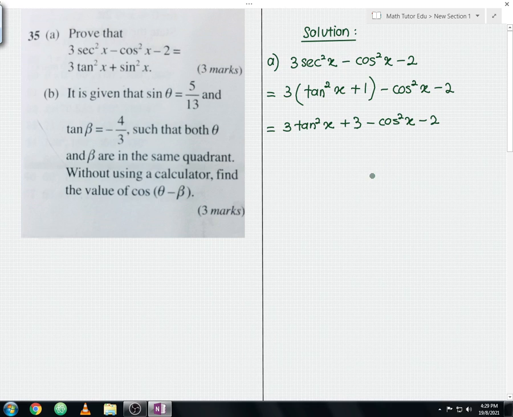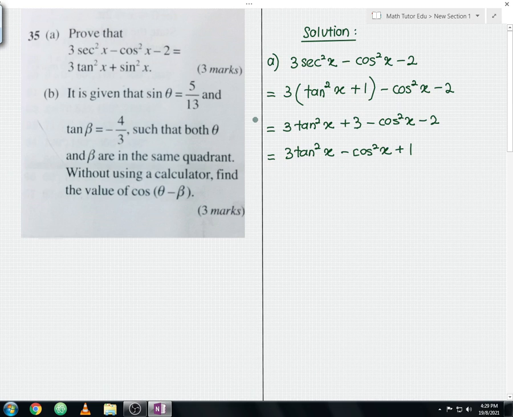From here this 3 will be minus with 2. So you will be left with 3 tangent square x minus cos square x plus 1. So that will be your step number 1 by changing the secant into tangent square x plus 1.